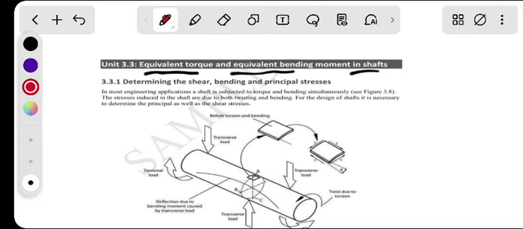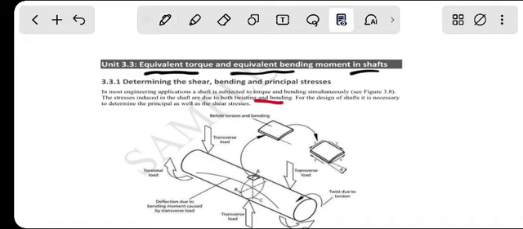In most engineering applications, a shaft is subjected to torque and bending simultaneously. So you can see the stresses induced in the shaft are due to both twisting and bending. For the design of a shaft, it is necessary to determine the principal as well as the shear stress.